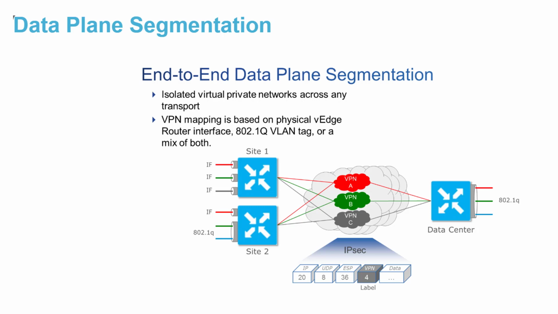So all prefixes that belong to a single VPN are going to be kept in a separate routing table. This provides layer 3 isolation that's going to be required for the segments in the network. So, Site 1 has 3 different VPN route tables, Site 2, and so on.